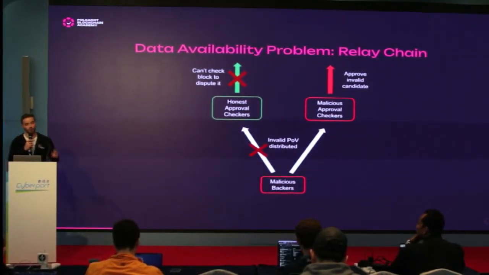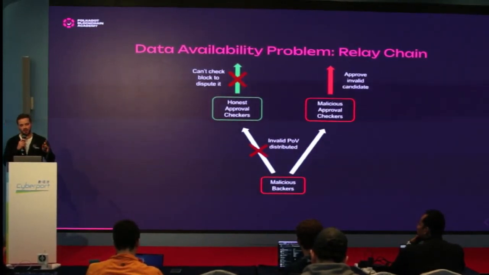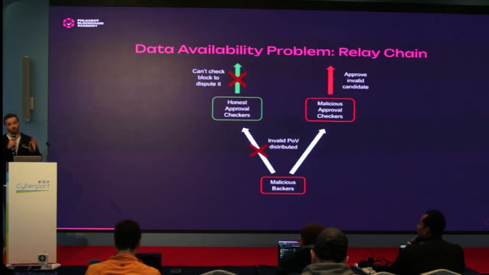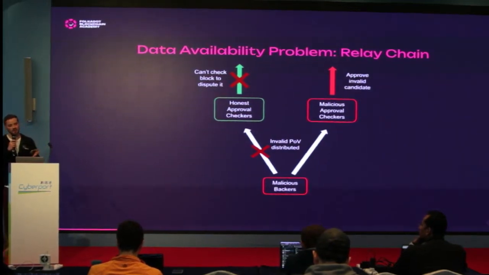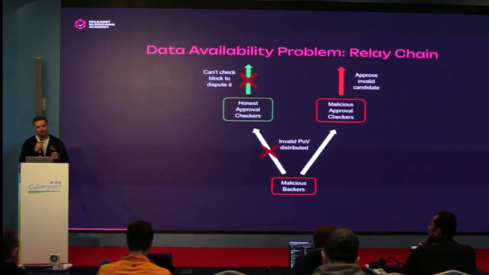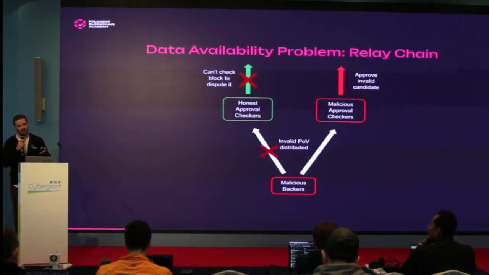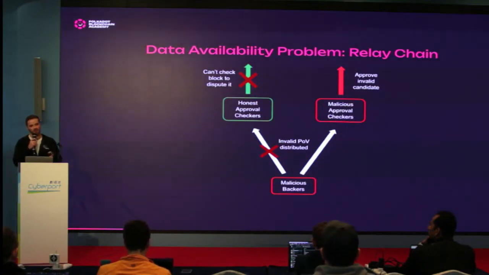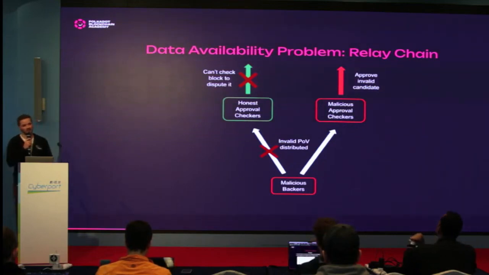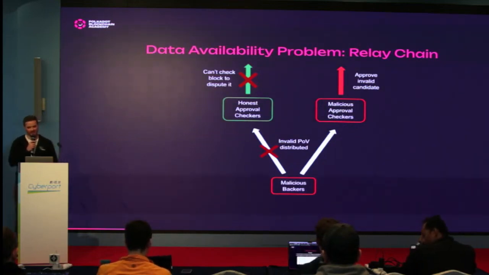You don't even have one honest approver who can check a block in order to dispute it. And because of that, this is really, really bad. This is where a small cohort of malicious backers and malicious approval checkers could just submit parachain blocks to the relay chain, have them approved and finalized that, say, loot accounts on a particular parachain, or pick your poison of all the wrong things that could happen.